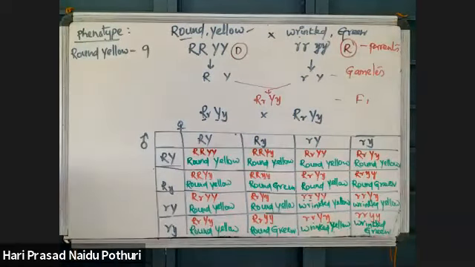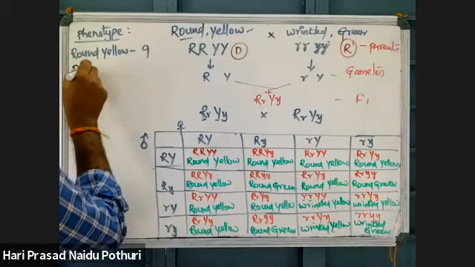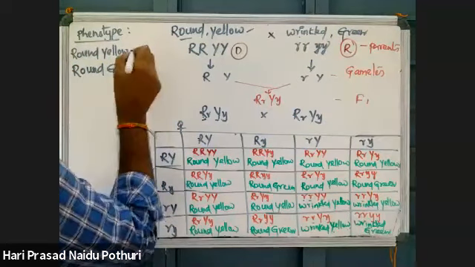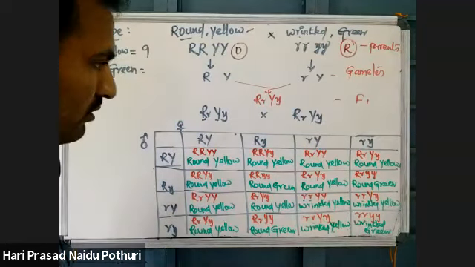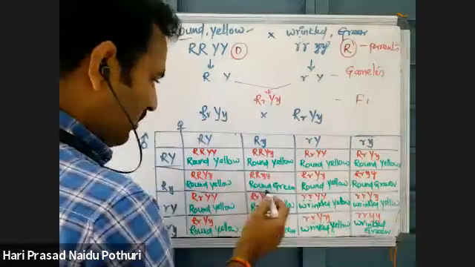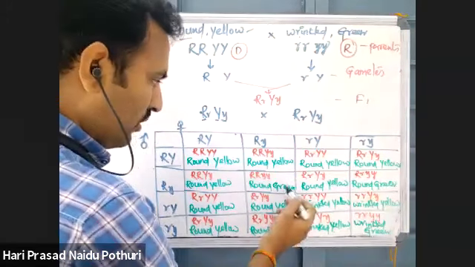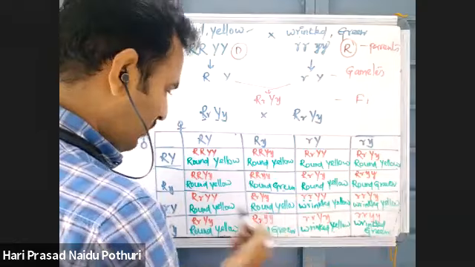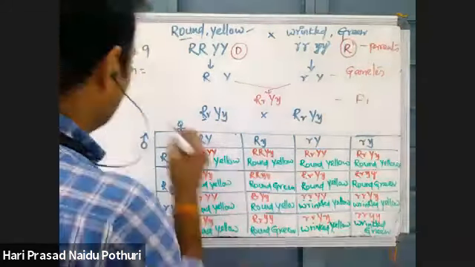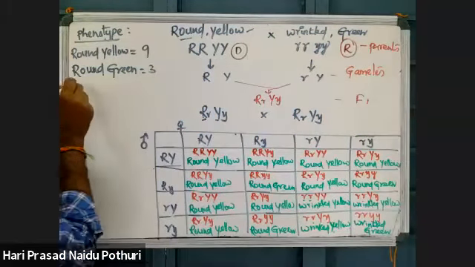Round yellow are formed 9. Then round green. How many round green are there? Check now. Here all round yellow. Round green: 1, 2, 3. Round green are formed 3.